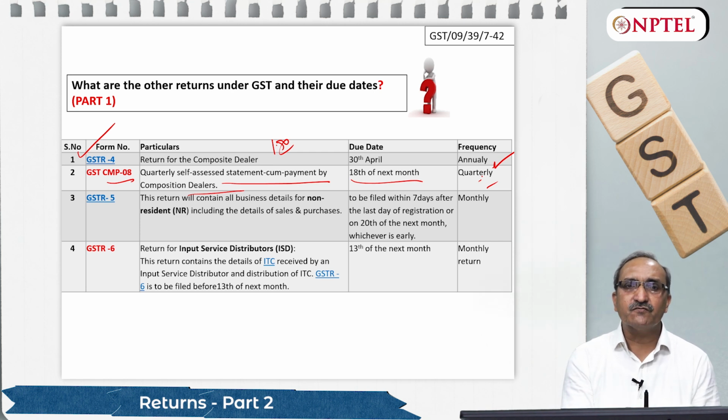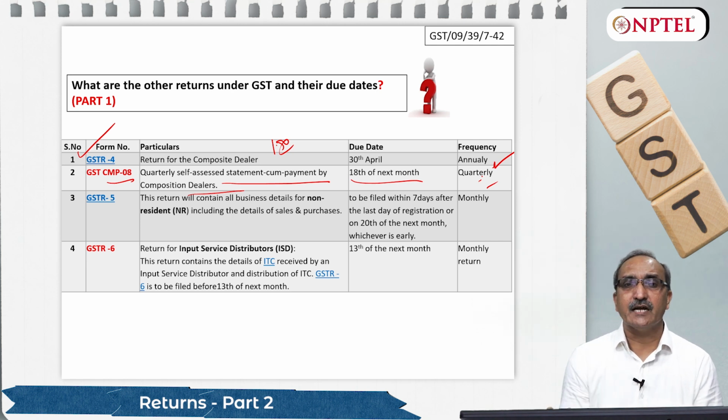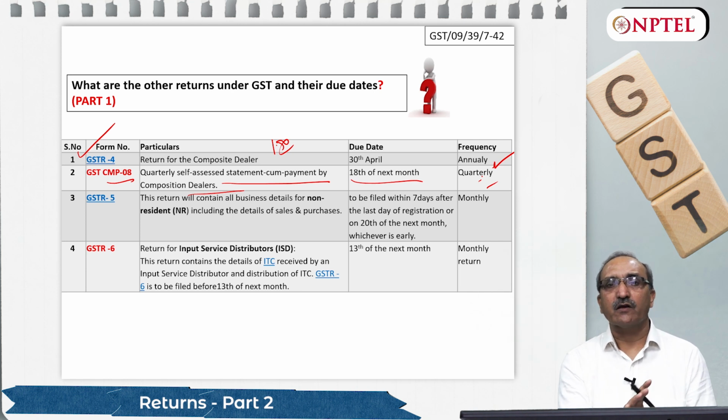But remember, this fellow will not charge any tax in his invoice to his consumer, and he will not get any ITC also on his procurements. For a composite dealer, ITC is not available.